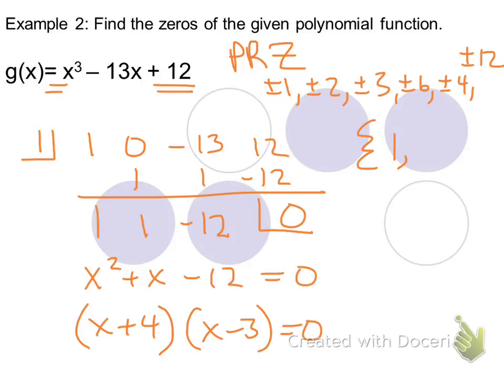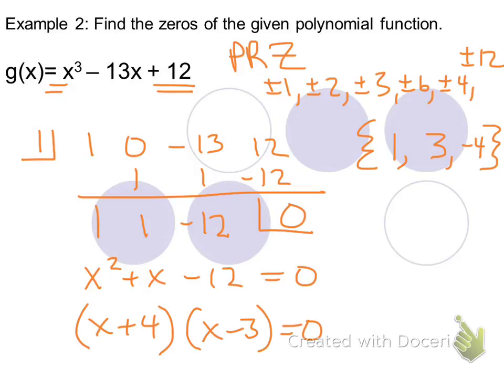So my other two solutions are 3 and negative 4. I found all three roots, three zeros of this polynomial function. It's really pretty slick, isn't it?